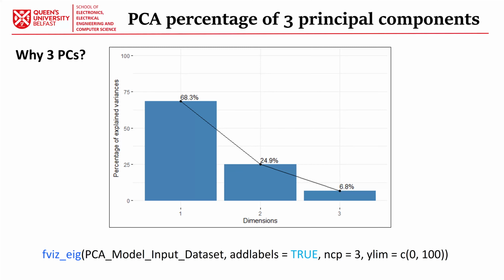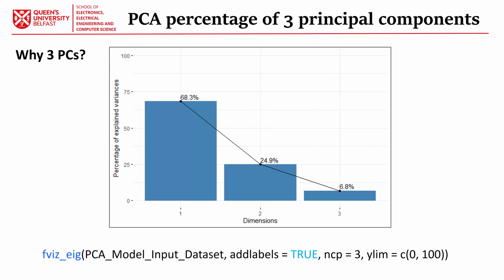For this function, I'm using the model object originated from running PCA on the input data set, addlabels true, number of components 3, and the y limit axis between 0 and 100. Dimensions 1, 2, 3, PCA 1, 2, 3: 68, 24, 6%, which covers nearly 100%.